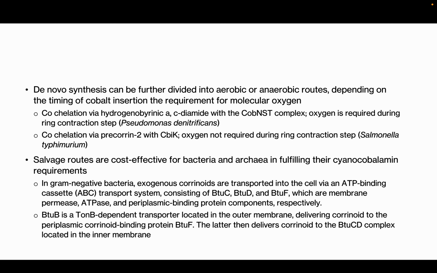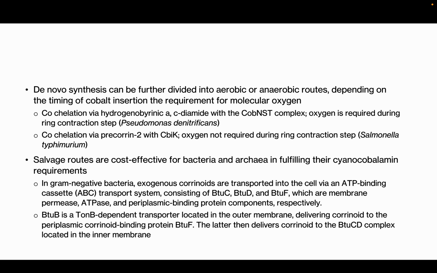You might remember from your medical microbiology the key proteins comprising the ABC transport system, BtuC, D, and F: permeases, ATPases, and periplasmic binding proteins. These components allow the intake of corinoids from the environment so that they can be used for cobalamin synthesis.